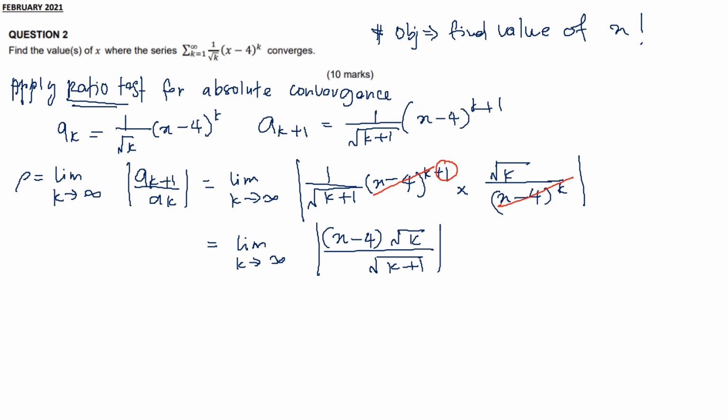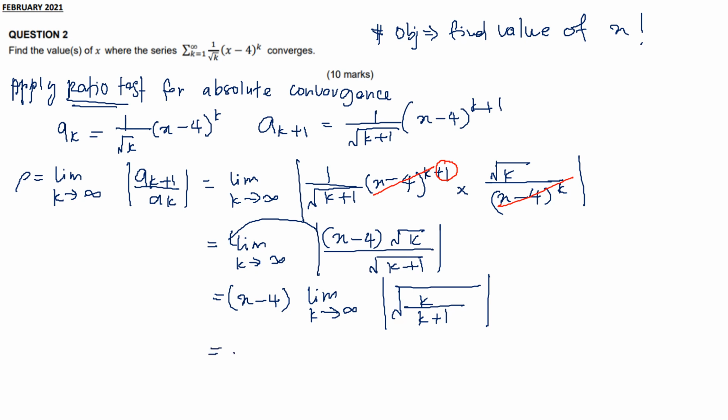And then you bring x minus 4 forward, x minus 4 times the limit k approaching infinity. This you can write as the square root of k over k plus 1.